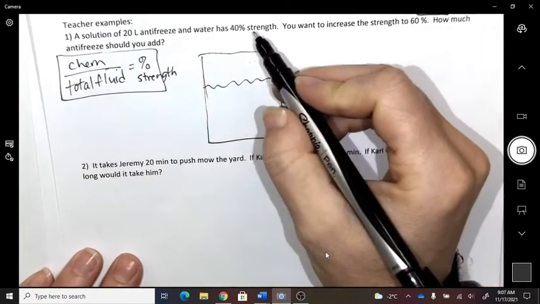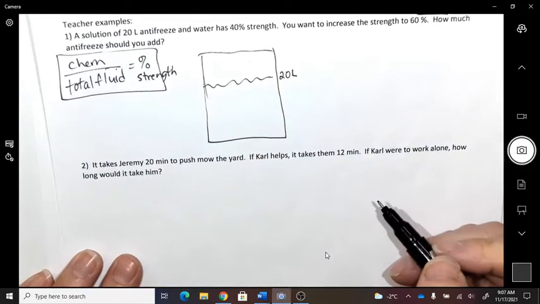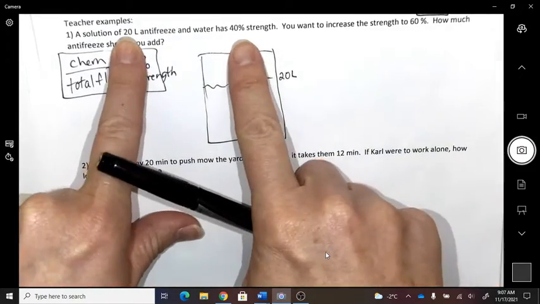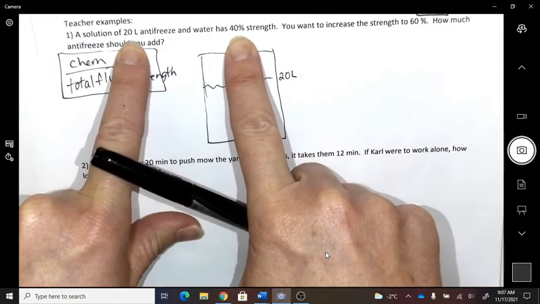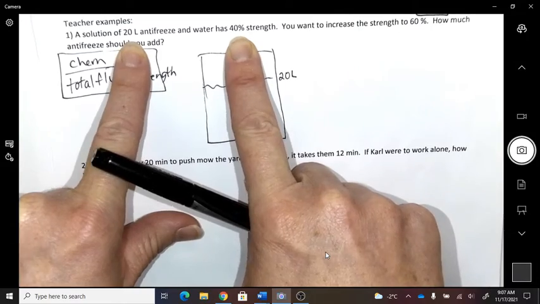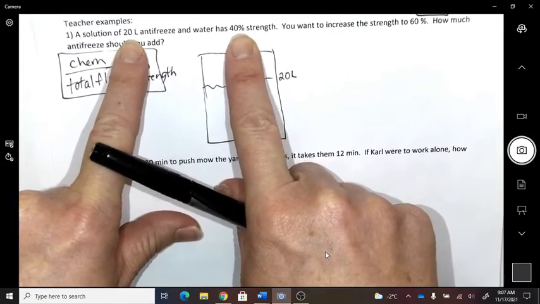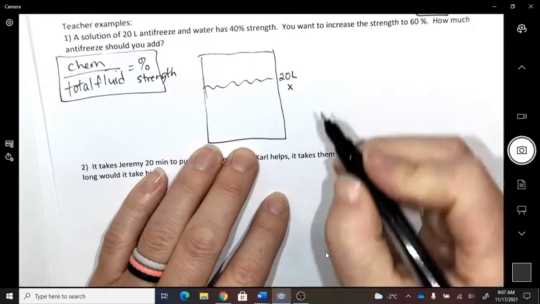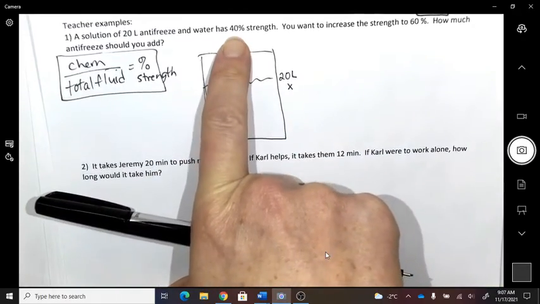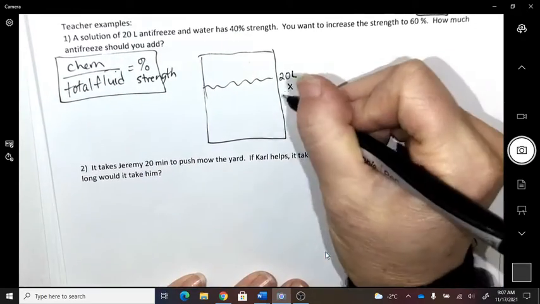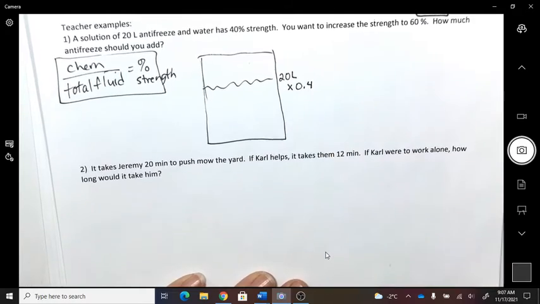How do you do 40% of something? What kind of math operation do you do? Add, multiply, divide, subtract? Which one? Multiply. How do you multiply 40%? 0.4.